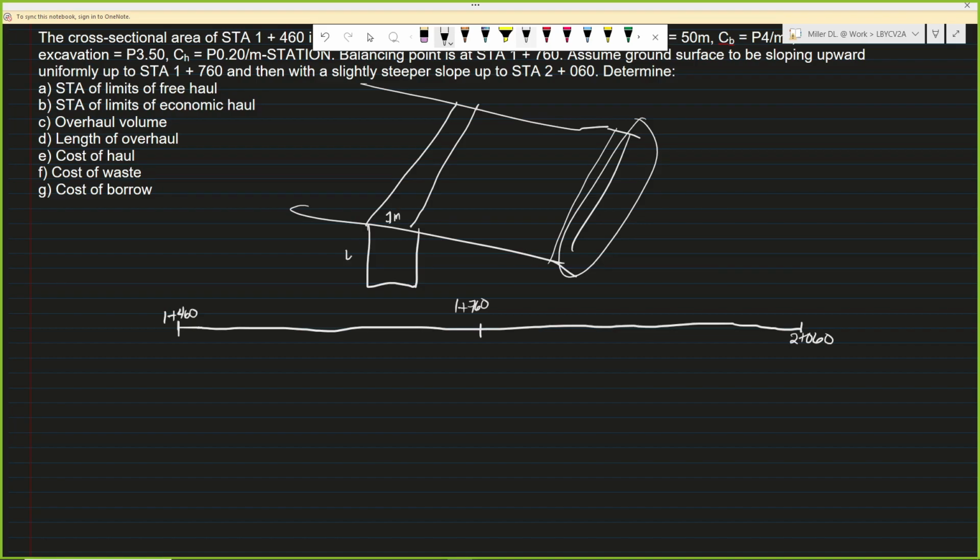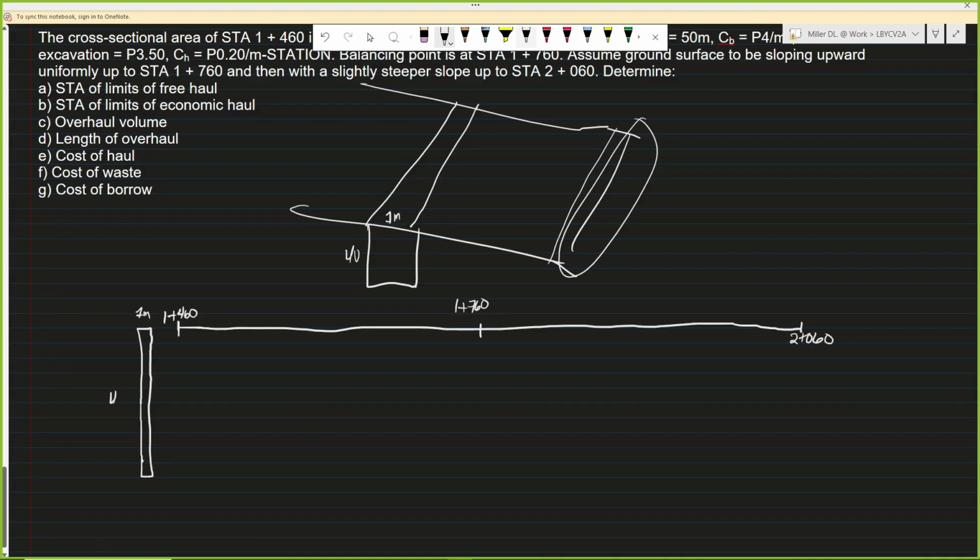So, kung 40 square meter, maging 40 yan. Okay? So, this would be 1, 2, 3, 4. Exaggerate natin. 1, 2, 3, 4, 5, 6, 7, 8. 1 meter, 40 meters. So, para exaggerated.